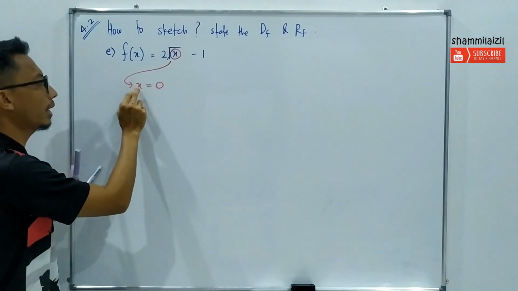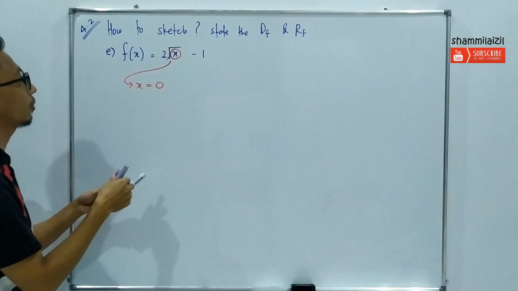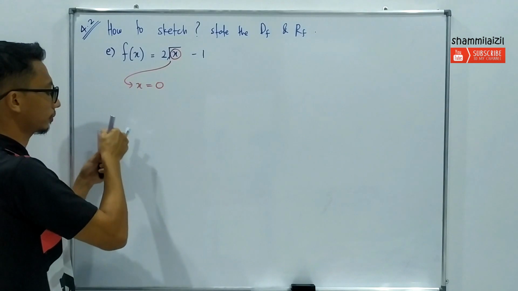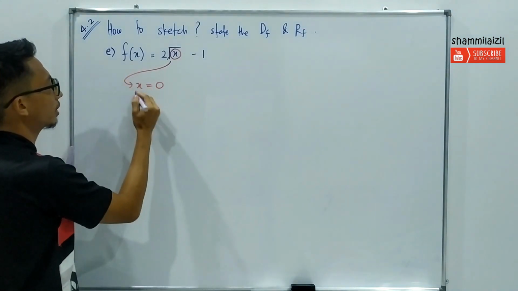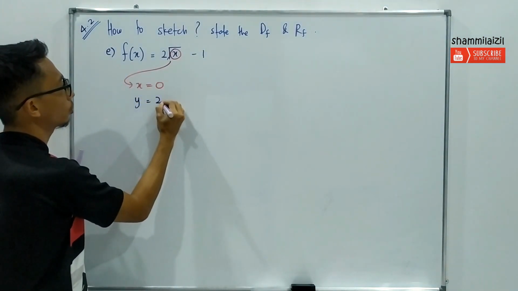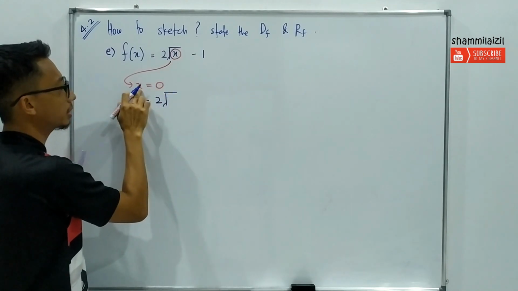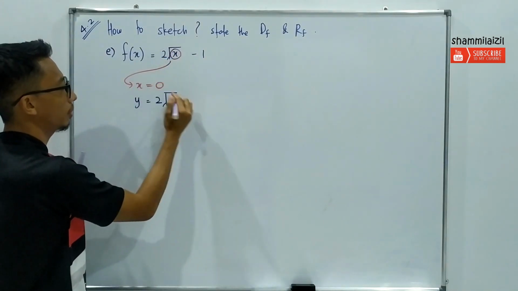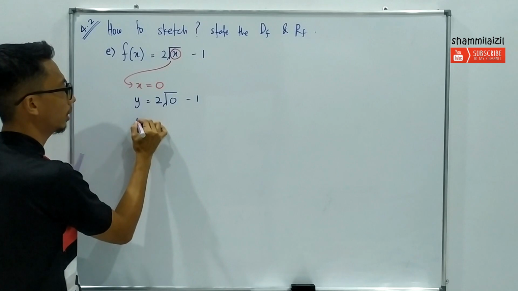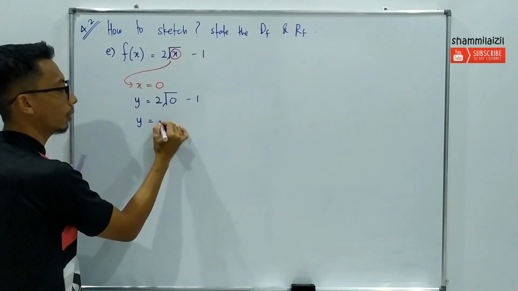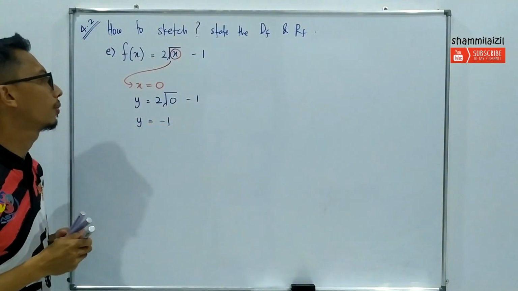So when x equals 0, let's calculate what happens to y. So f(x), let it be y, equals the cube root of x minus 1. Set x as 0, so we replace x with 0, and then minus 1. What do you get? You will get y equals minus 1.